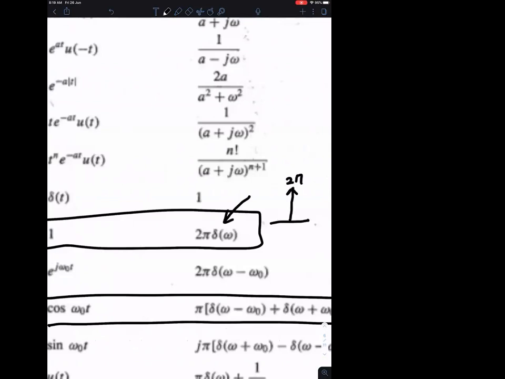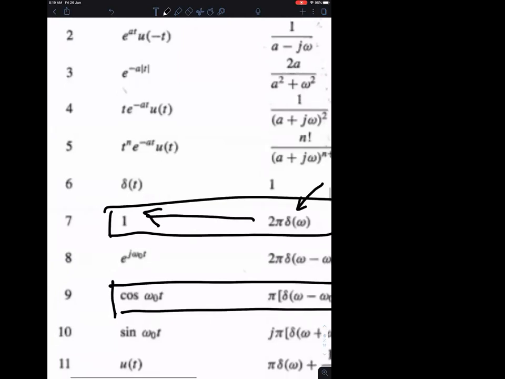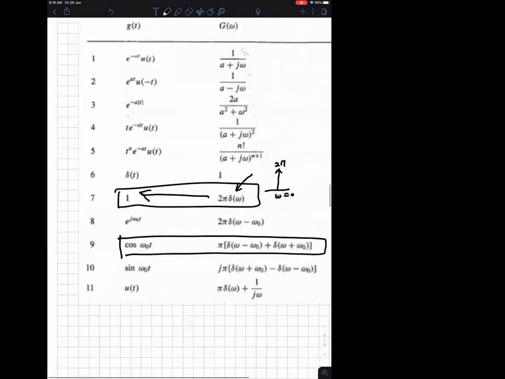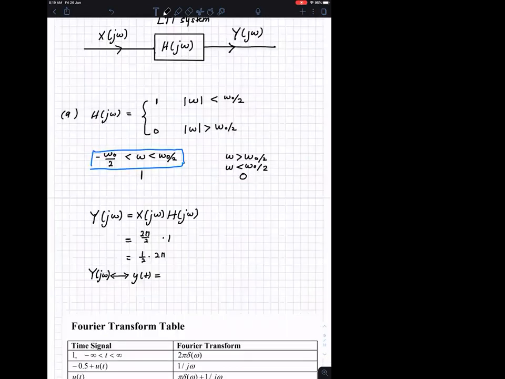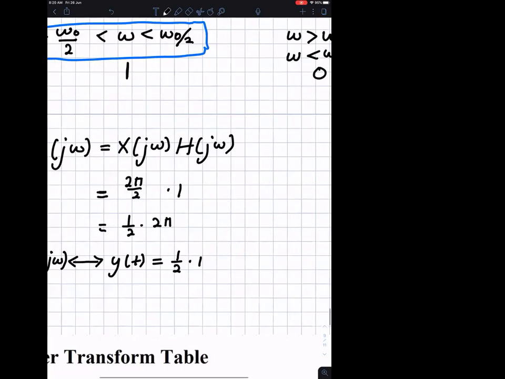So what is the inverse Fourier transform of this? It's 1. Okay. So therefore, the inverse Fourier transform of 2 pi located at omega equal to 0, the 1/2 is just a constant, it just stays there. So y(t) is 1/2.